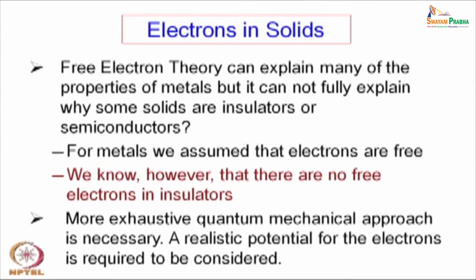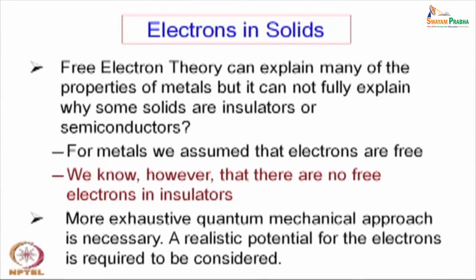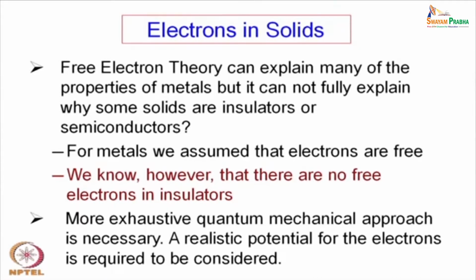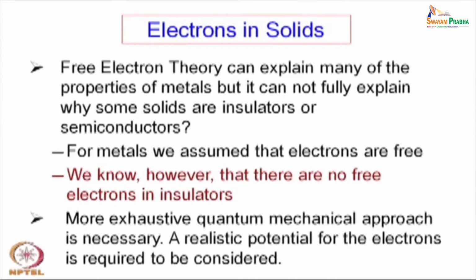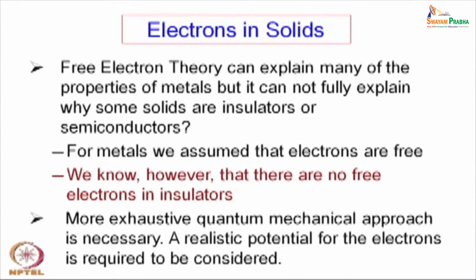So, free electron theory from that point of view cannot explain the temperature dependence of the resistivity of insulators or semiconductors. For metals we assume that the electrons are free. However, there is a question mark: we still do not know how free they are in different solids.